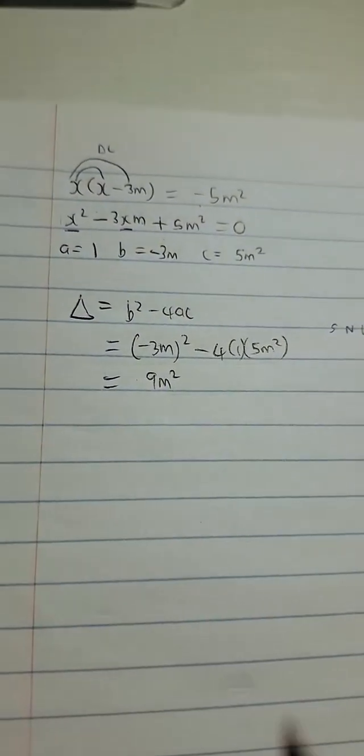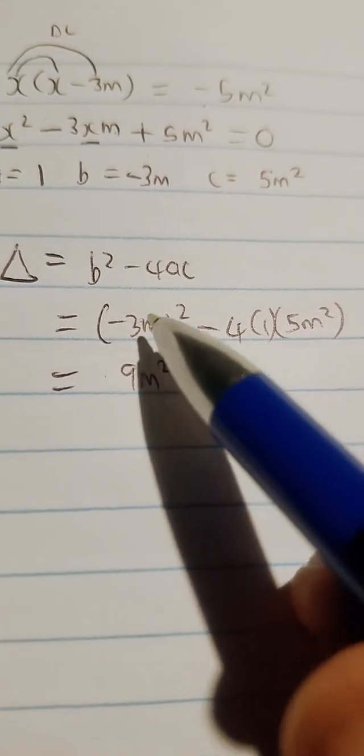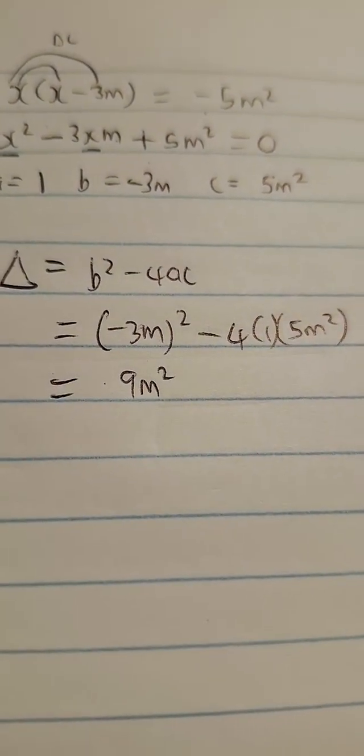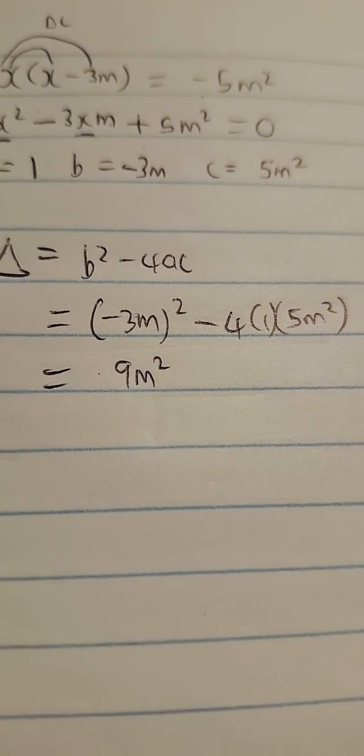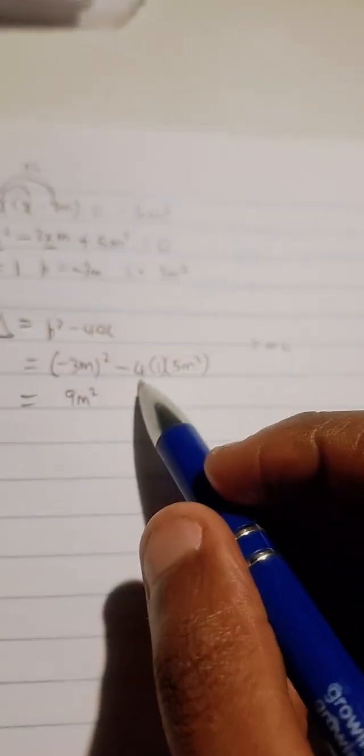You square the m, you get m squared. You only do this when the coefficient and the variable, there's only one term inside. But if there were two terms, we'd open two brackets and multiply out. Then negative 4 times 1 is negative 4 times 5 is negative 20. Negative 20 what? M squared.